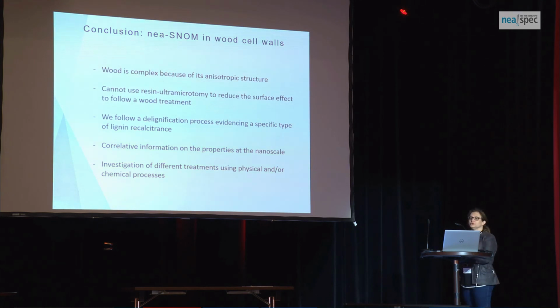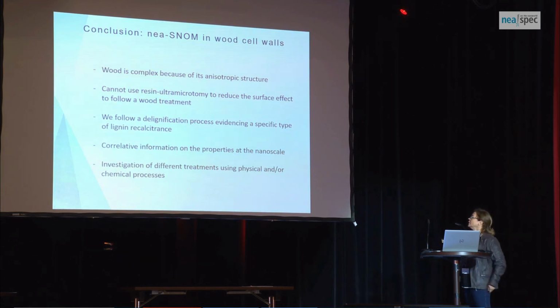Usually what people do is they embedded samples in resin and do ultramicrotomy to reduce the surface effect. But if you want to actually follow a wood treatment, you cannot really embed it into resin because you would modify the chemistry and also the mechanical property.